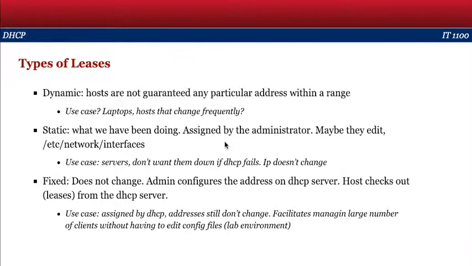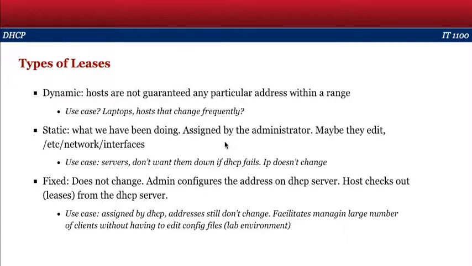But in this case, a use case for this would facilitate managing a large number of clients without having to edit configuration files. So in our lab environment, for example, we have 100 PCs or operating systems that need an address. Those machines are always in our network and they don't move. So a fixed lease might be appropriate for them.